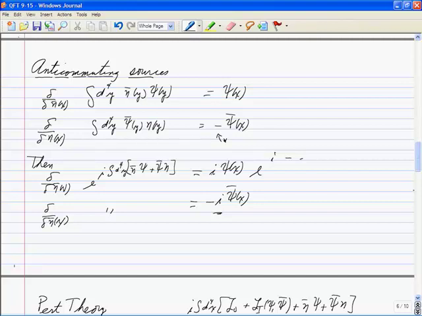Okay, so let's get it right. This psi is with respect to eta bar, so let's be clear on that. That's eta bar, and this one here is eta.